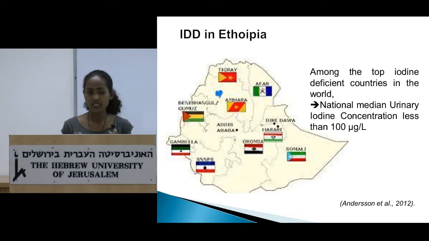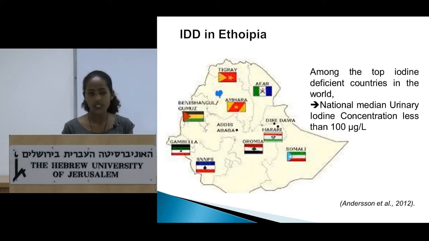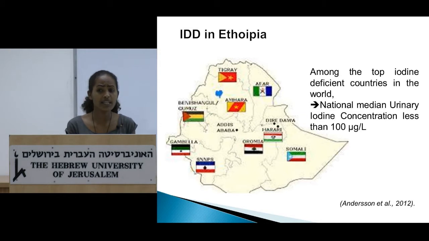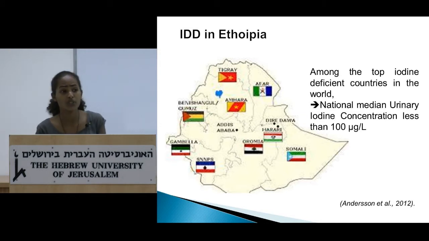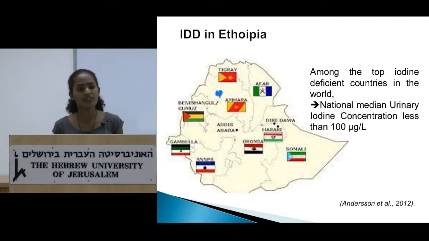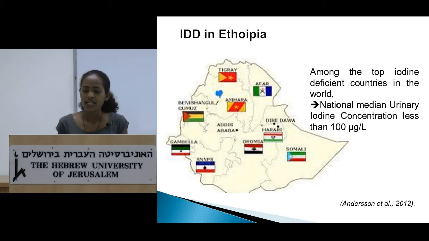To say a few things about Ethiopia, the country is divided into 9 regional states and 2 administrative cities, and some parts of the country are highland and some parts are lowland. So the prevalence of iodine deficiency also differs from region to region.